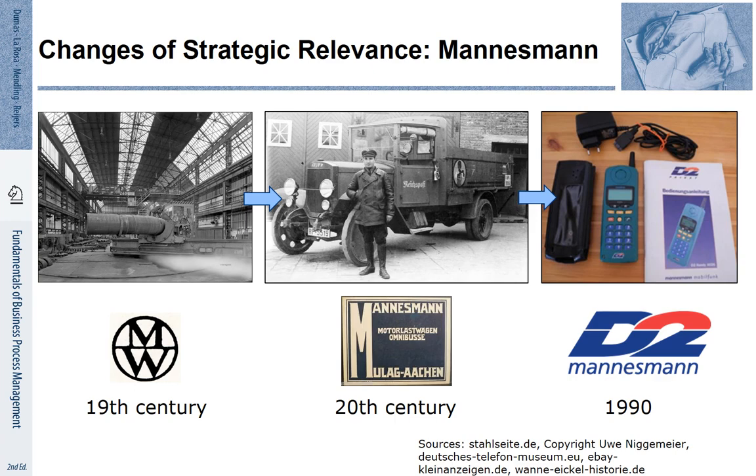And in the same way, the process architecture of this company had changed drastically over time. For this reason, process architecture has to be continuously revisited in order to make sure that it is still consistent with the strategic mission of the company.